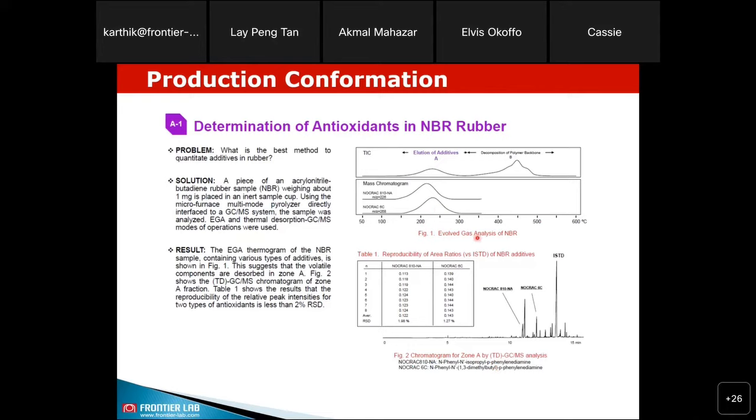So the analysis confirmed the presence of both antioxidants, and also the reproducibility has been tested by 8 replicates, and the overall RSD is less than 2%. The previous one was anti-degradants and this is antioxidant. So again, we just show the thermal desorption GCMS analysis for such additives analysis and also show the reproducibility of the technique.